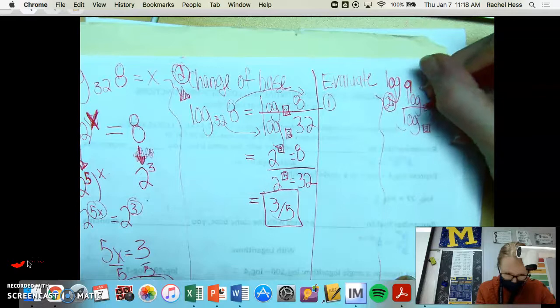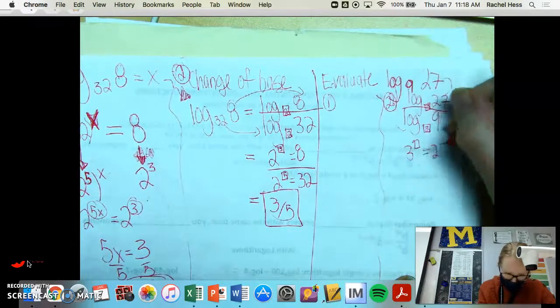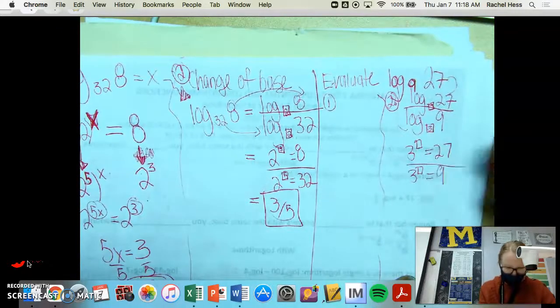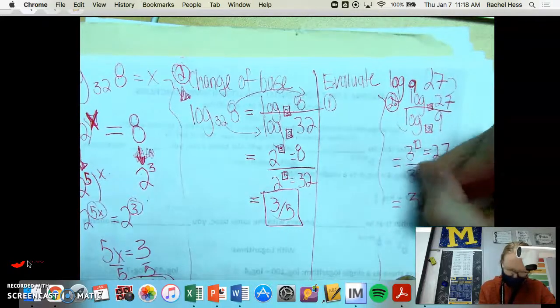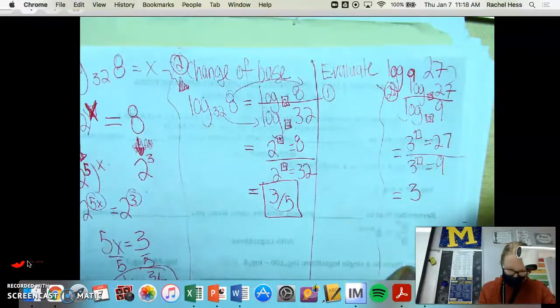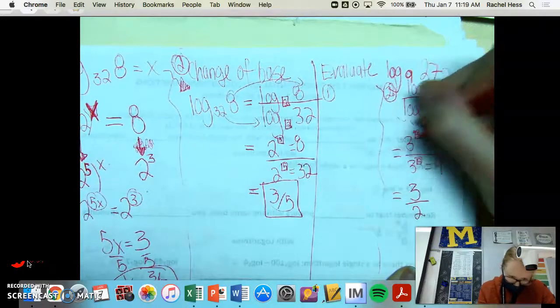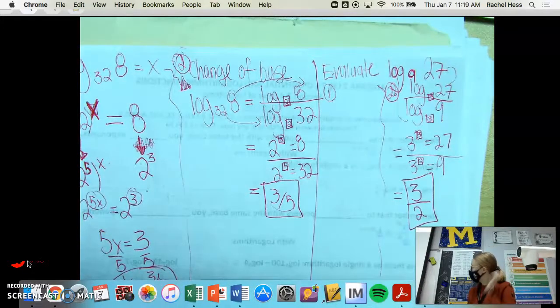And I think this one's going to work, because 3 to what power gives me 27? Well, I think that's 3. Remember, 3 cubed gives me 27. And 3 squared gives me 9. So my answer is going to be 3 over 2.